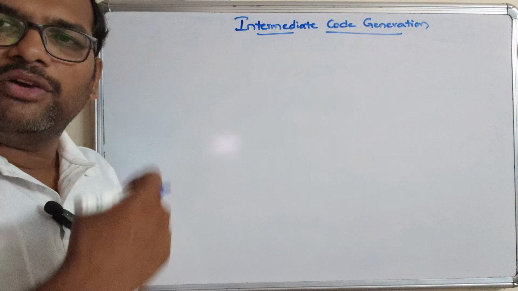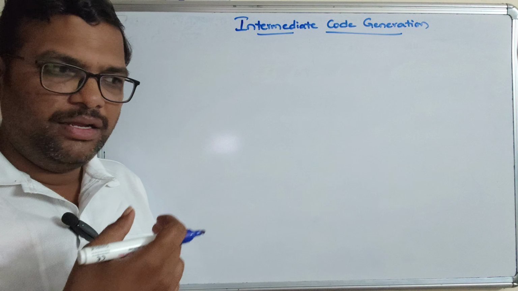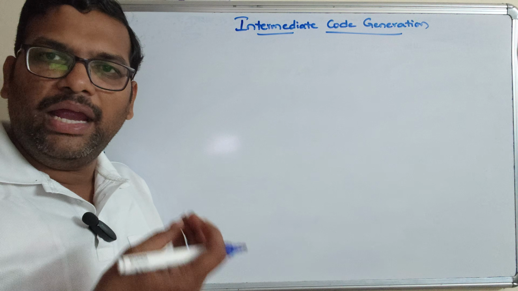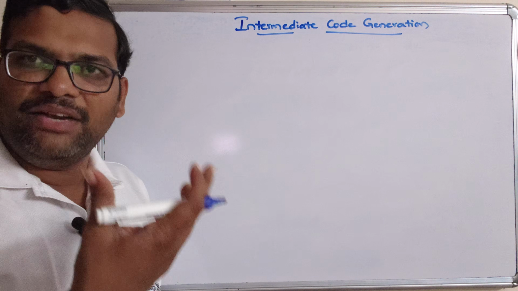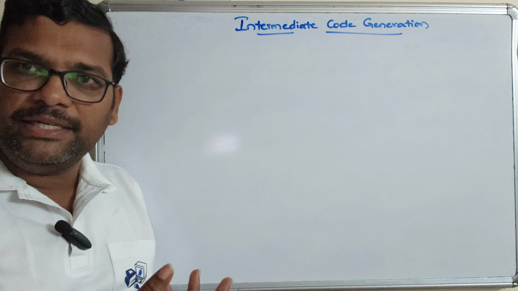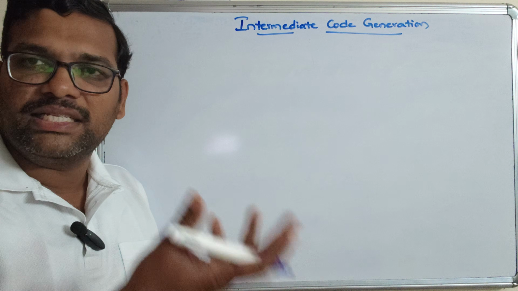We have already seen the different phases of a compiler, which starts with the lexical analyzer. The output of the lexical analyzer will be the lexemes, and that will be given as input for the second phase, syntax analysis, which produces the parse tree. That parse tree is given as input for the third phase, the semantic analyzer.